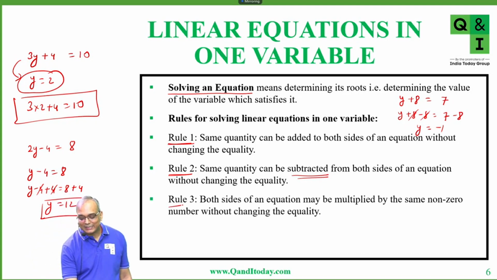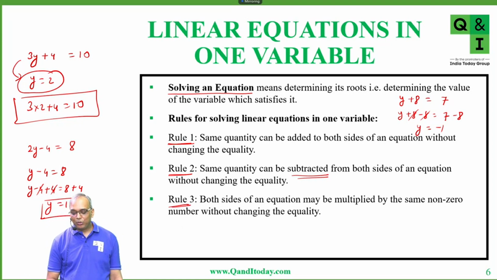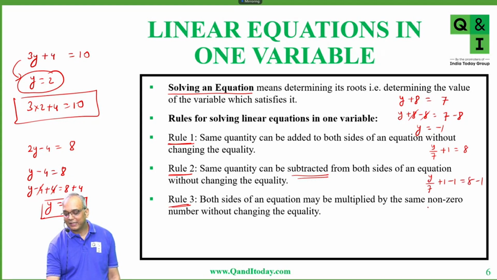Rule 3 says that both sides of an equation may be multiplied by the same non-zero number without changing the equality. That means if we have y by 7 plus 1 is equal to 8. So subtracting 1 from both the sides will give you y by 7 plus 1 minus 1 is 8 minus 1.